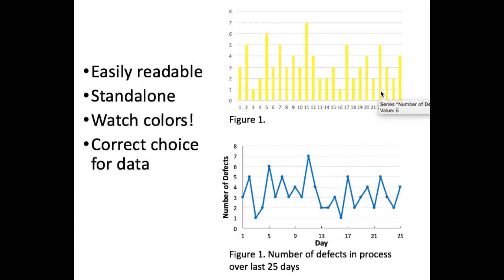Now, if you were making a histogram of your data, you'd want to use bars, not points. But these data, looking at the number of defects in your process, that's not appropriate data for a histogram. You need to do some kind of run chart or control chart if you want to show off that data. So make sure you are doing the right chart for your data.